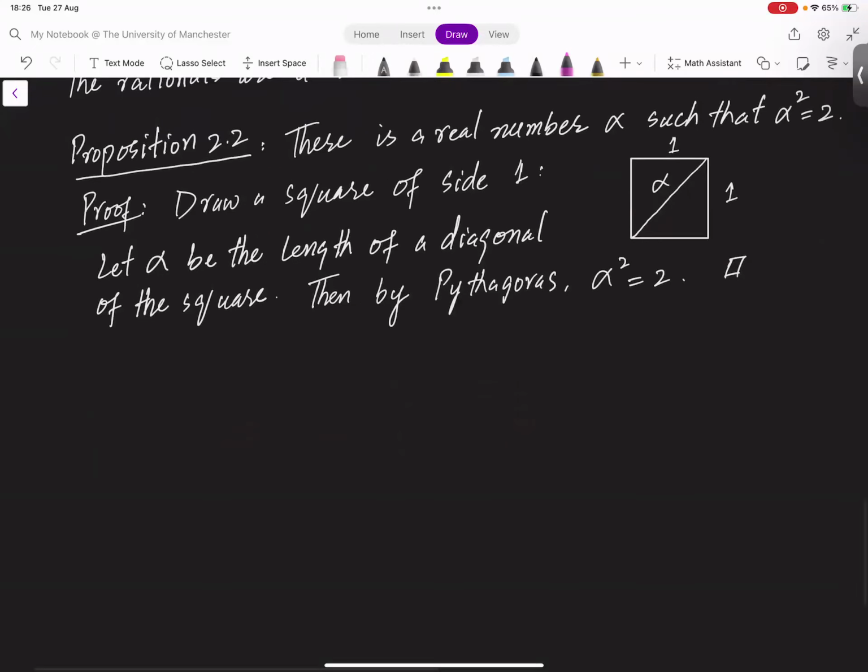So by proposition 2.2, we say alpha is square root of 2. And then we have squared it and got alpha squared is 2.